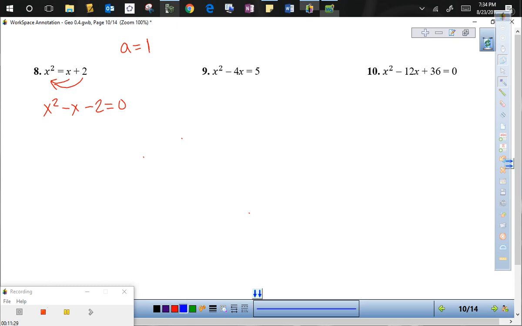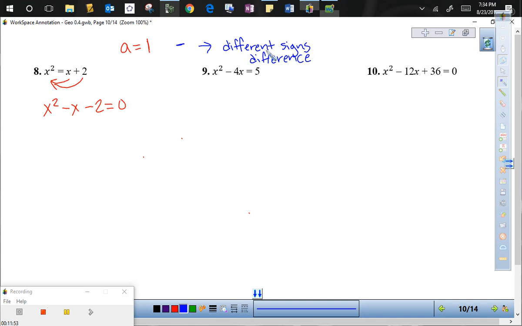Now, this is the first time we've seen a negative factor. Make yourself a note. Minus is going to mean two things for us. It's going to mean we have different signs, and we're looking for a difference, meaning we're subtracting them instead of adding them.